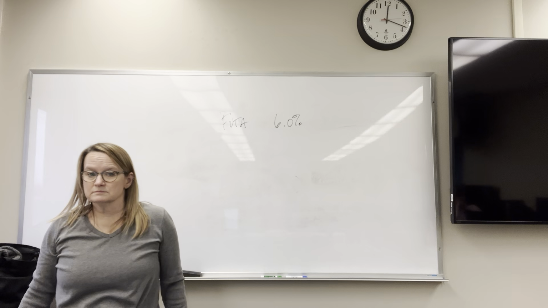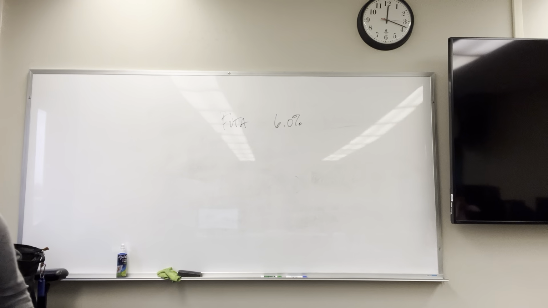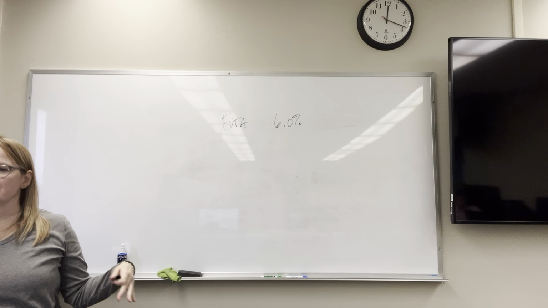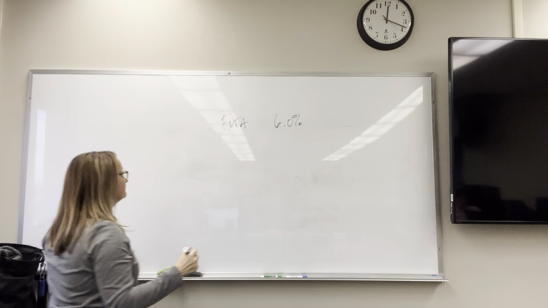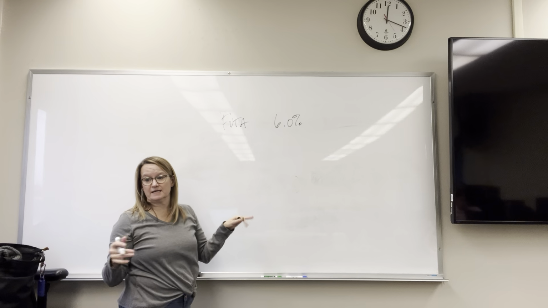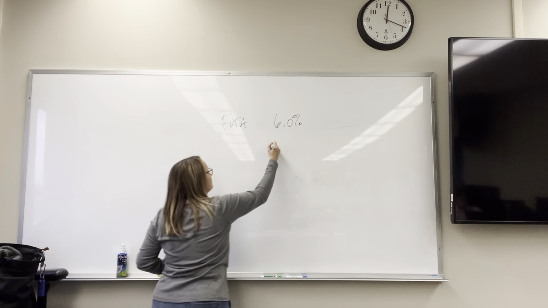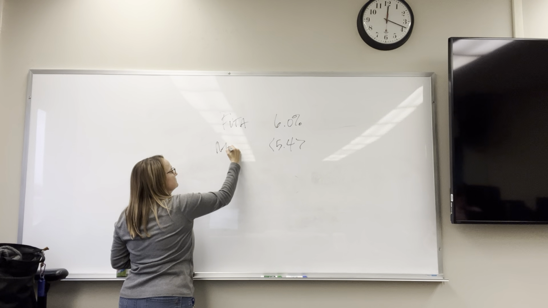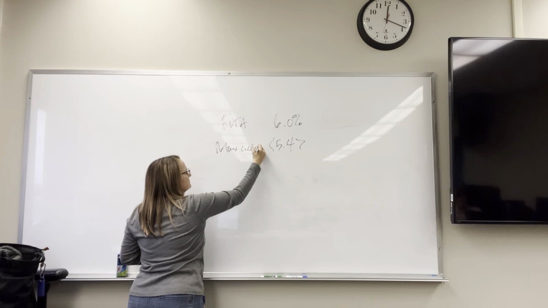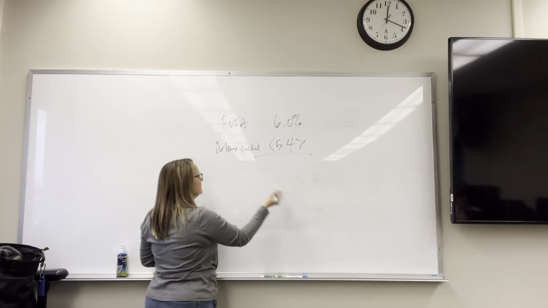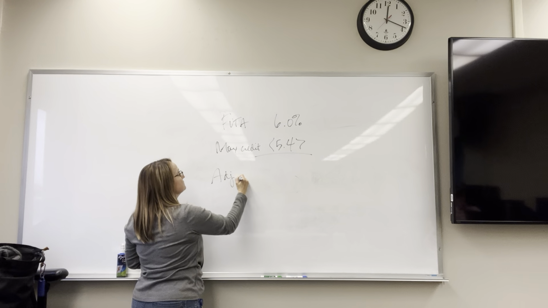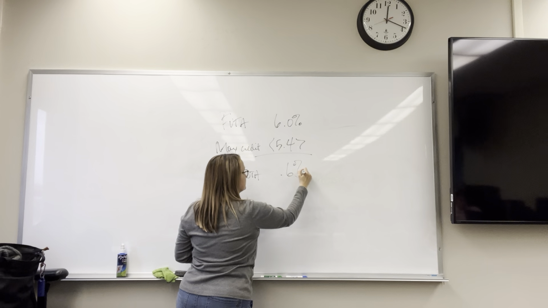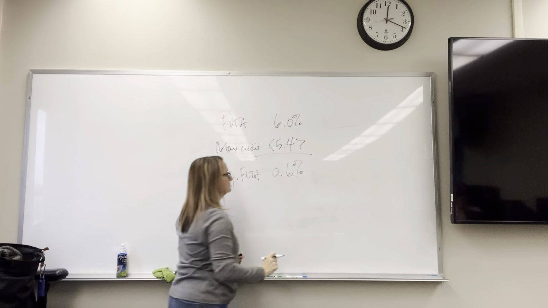If an employer is eligible to have that tax rate reduced by the full amount, what's the maximum credit that they could get? 5.4%, right? So maximum credit, 5.4%, which means our adjusted FUTA rate is 0.6%.